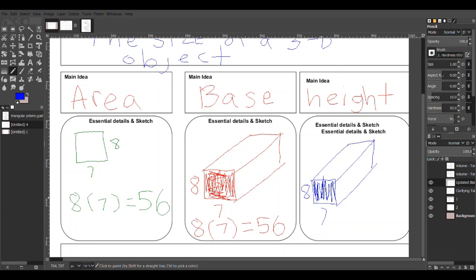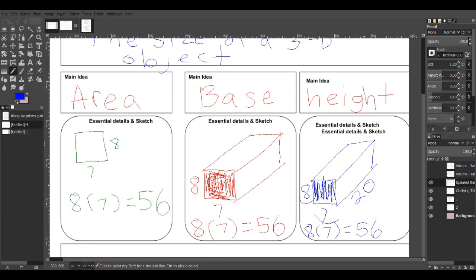The area of the base was 56. Now the last dimension we're going to talk about, this is called a 3D figure, so it needs 3 dimensions. It's got 8 by 7, and the third dimension is how long. The third dimension is how far it is from one base of the bread to the other base. So it's this line here, and we're going to say that that is 20 for our loaf of bread.